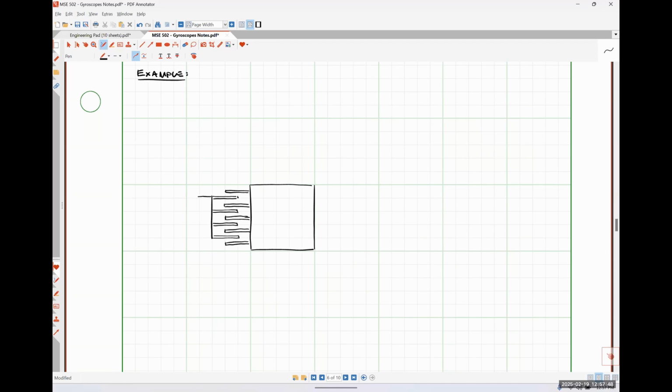These fingers will all be attached to some stationary anchor, which I'm going to denote by this big X going through it.